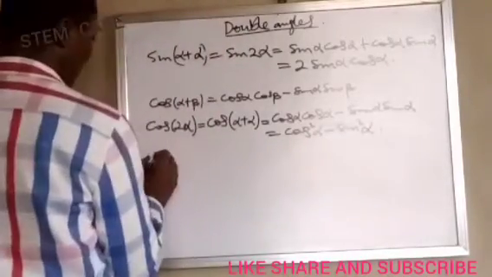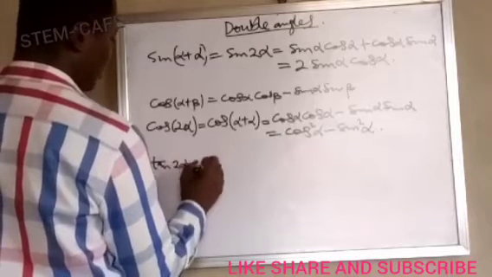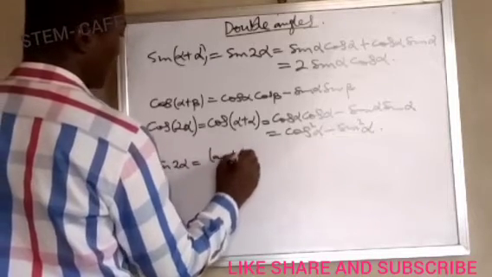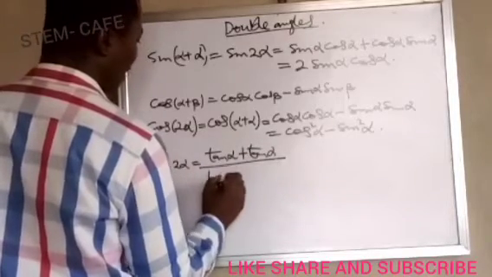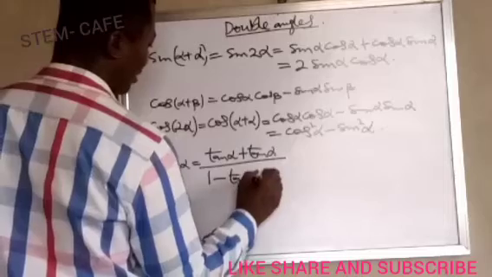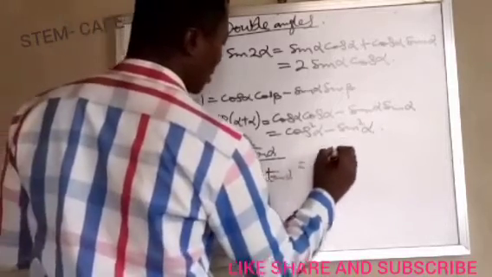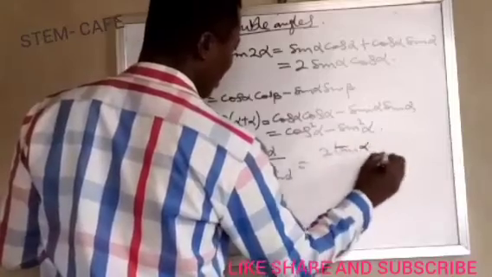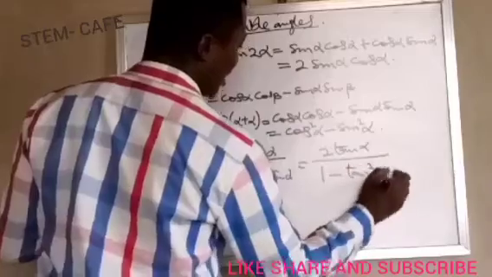Now for tan 2 alpha, it is going to give me tan alpha plus tan alpha over 1 minus tan alpha times tan alpha, which will be 2 tan alpha over 1 minus tan square alpha.